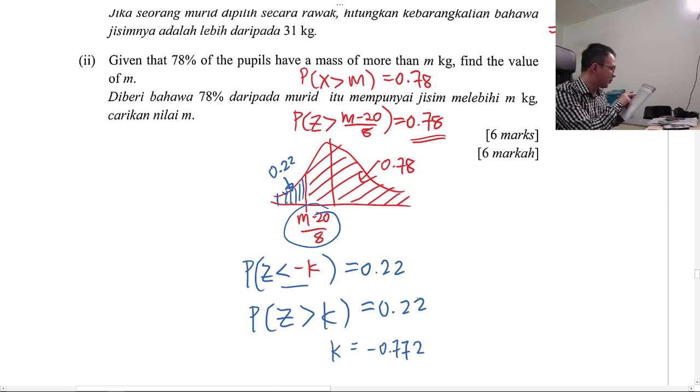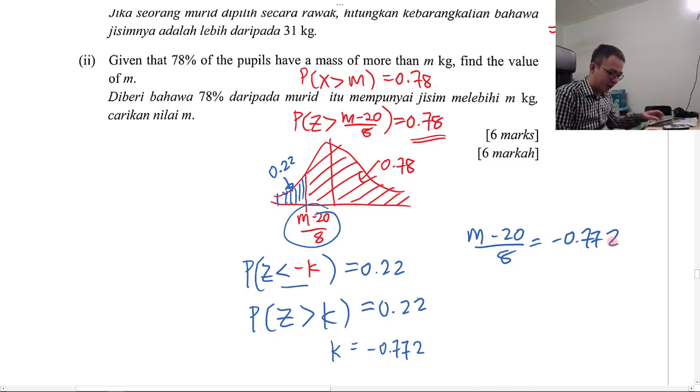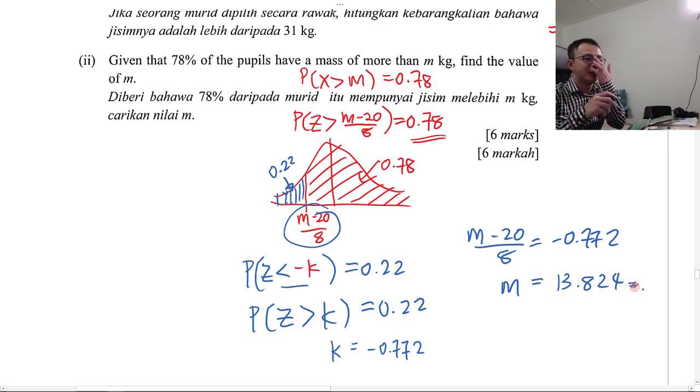Is it 0.22? 0.772, yeah. So therefore m minus 20 over 8 equals negative 0.772. Then I can get my m easily by doing negative 0.772 times 8 plus 20. So my m should equal 13.824.